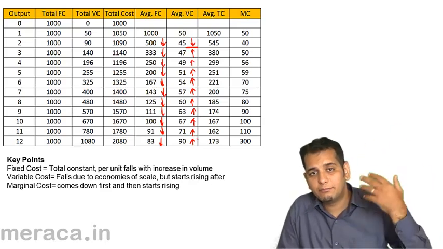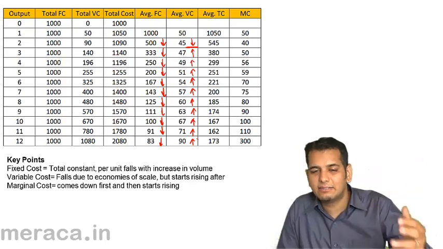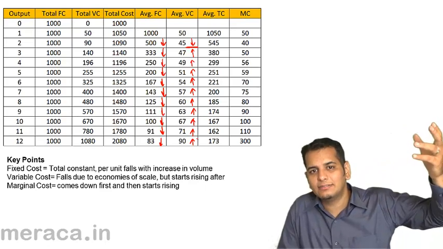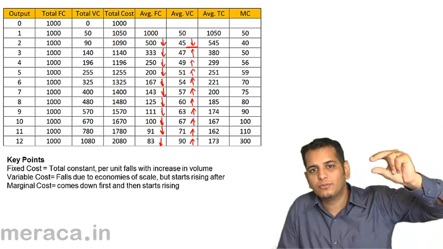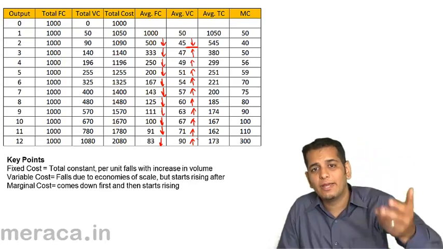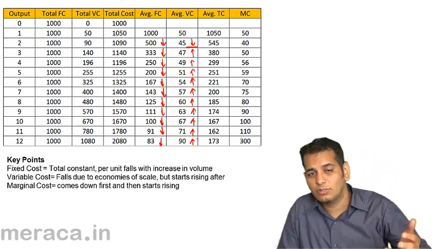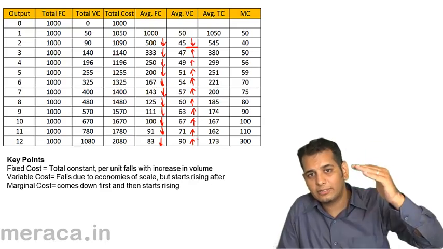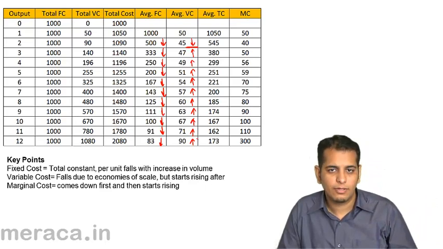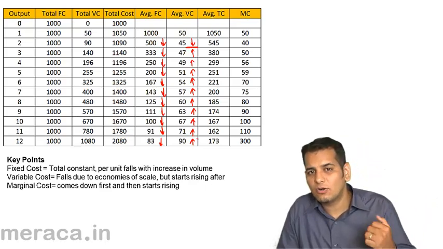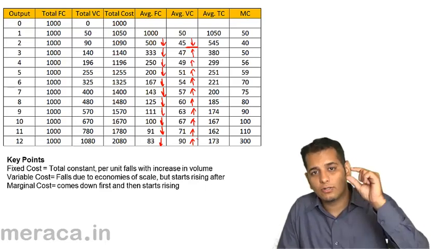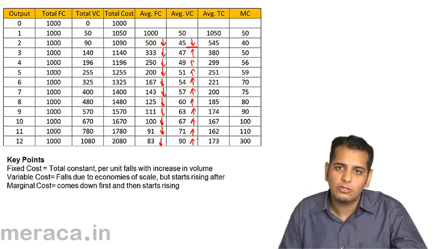You will get the production at an increasing rate. So since your production increases at an increasing rate, the cost per unit tends to fall. However, once you get into the second stage or the third stage, the productivity tends to go down. You tend to get the diseconomies of scale, and thus the cost per unit then goes on increasing.